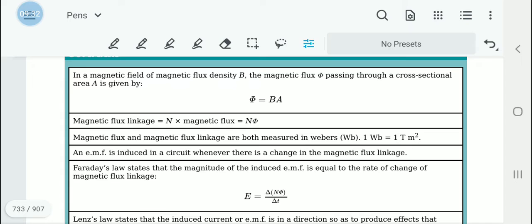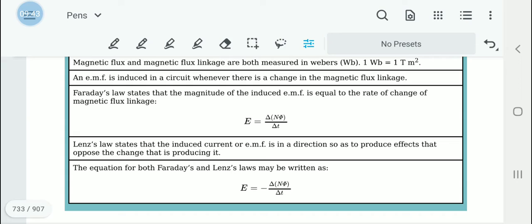One Weber is equal to 1 Tm squared. Then an EMF is induced wherever there is a change in the magnetic flux linkage. Faraday's law gave us an equation without the sign, delta N phi divided by delta t. That is the rate of change of magnetic flux linkage.